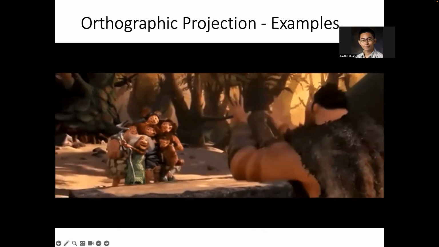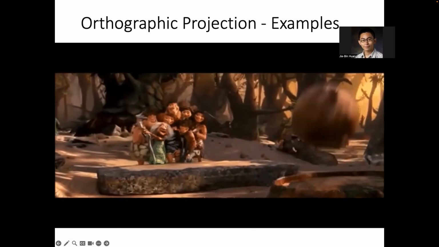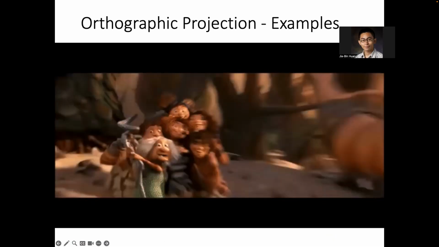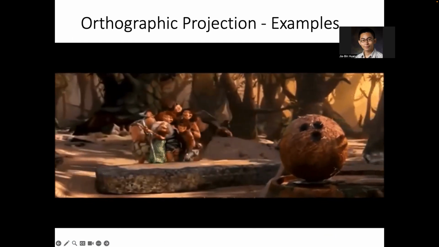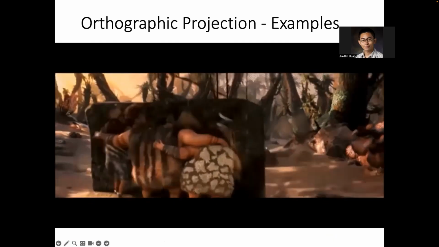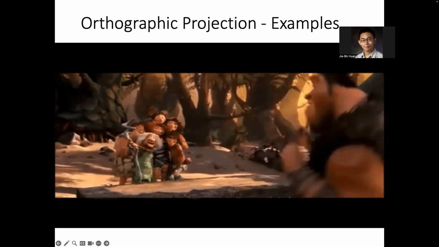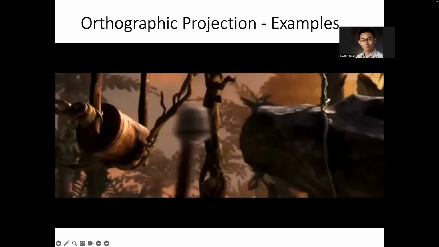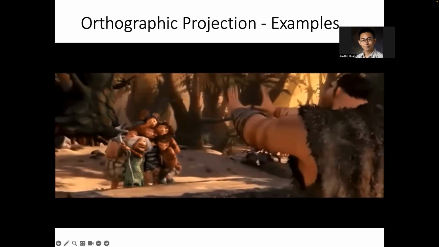Again, to remind you what orthographic projection is: it's not perspective projection. Your 3D thing is just directly projected onto your camera image frame. Okay, so under this simplified projection model, you can perform structure from motion very easily.